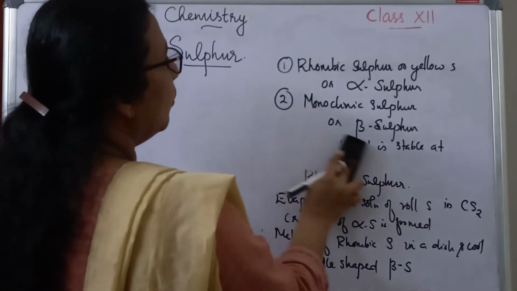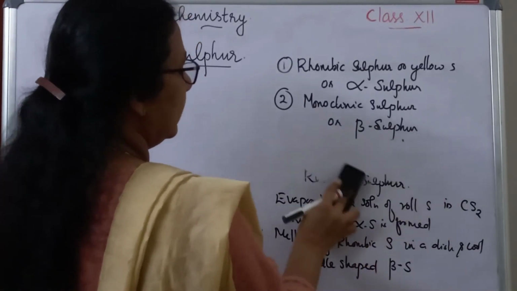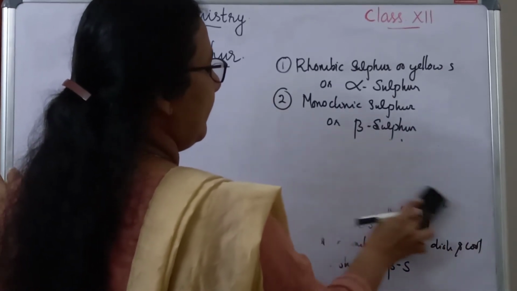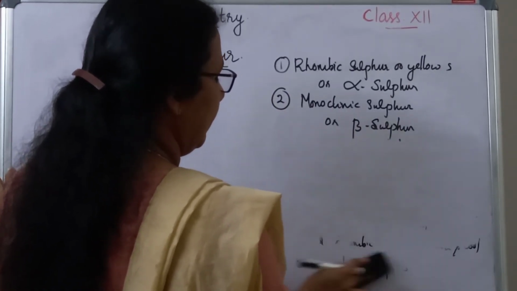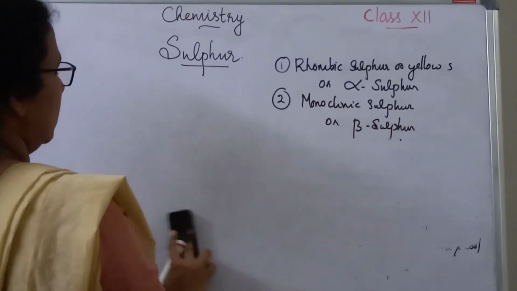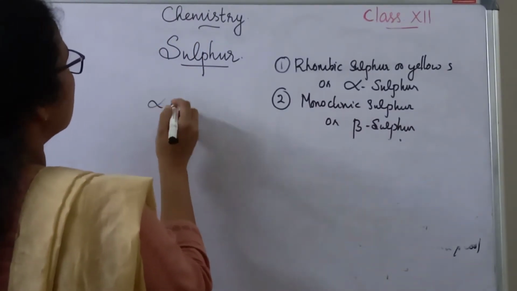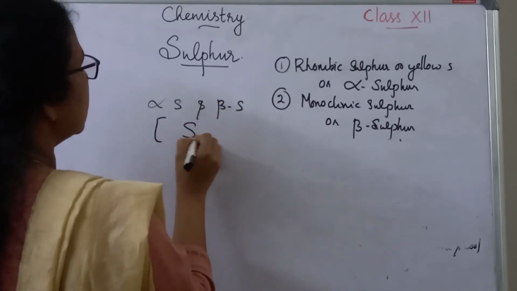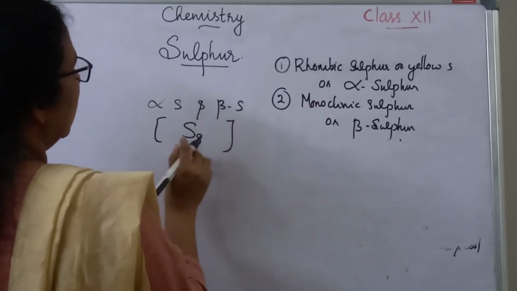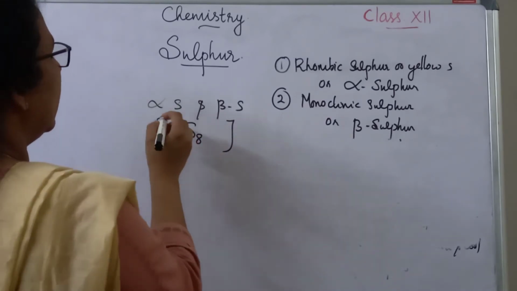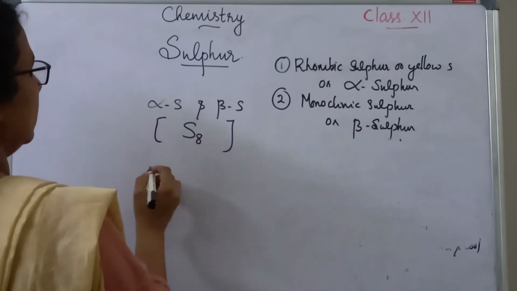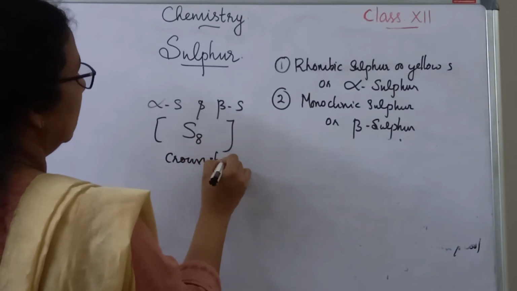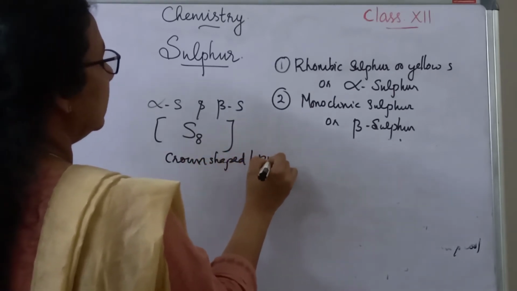The S8 molecule is crown shaped, or a puckered ring.